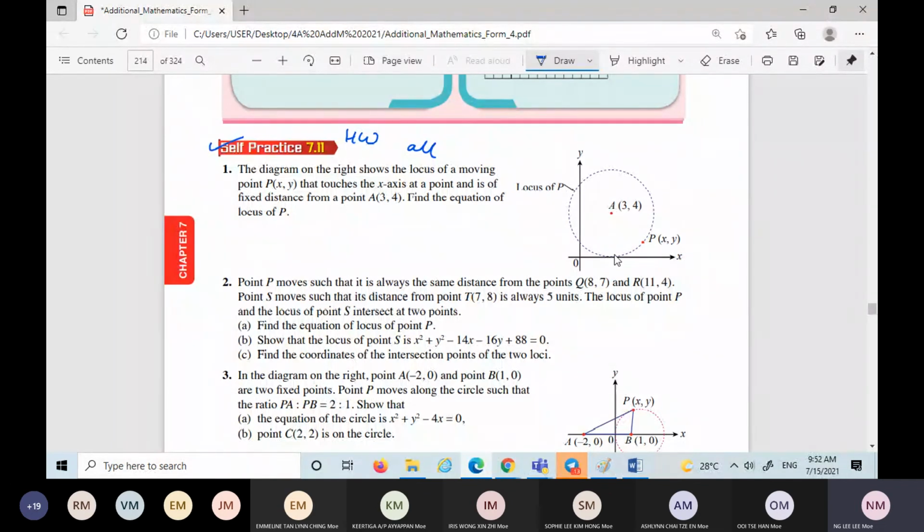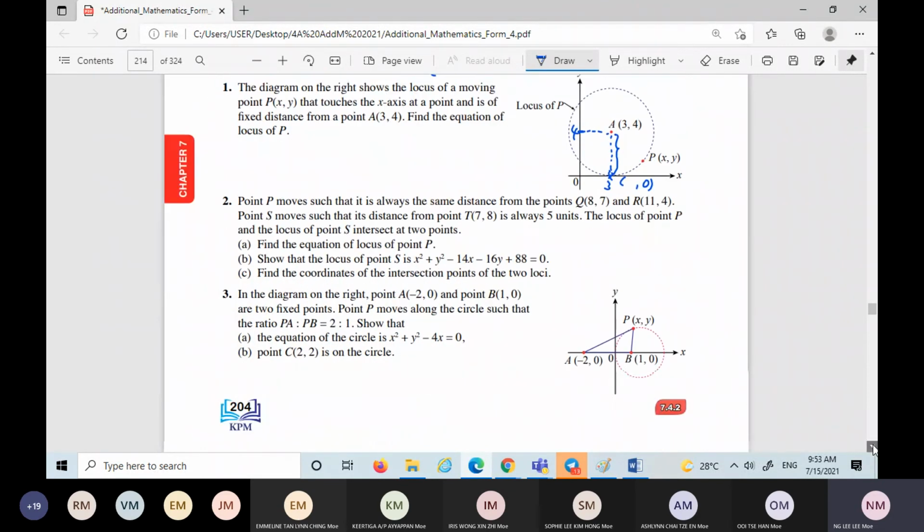Touching the x-axis means the y coordinate is 0. So are you able to get the distance? Point A is 3, here is 3, here is 4, so you will be able to get the distance. You just start from here. So this is for exercise 7.11, the first question.